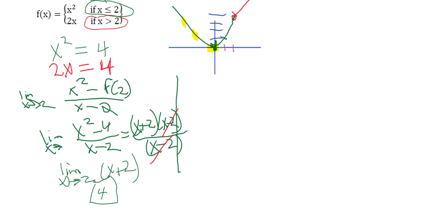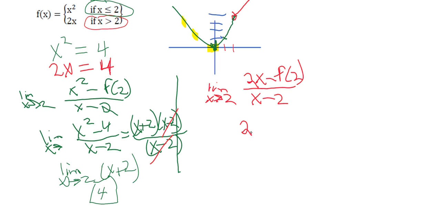Alright, so now let's take a look at the red case over here. So still we're using the same limit, the limit as x approaches 2, and it's x minus 2 over the function 2x minus the function value at 2, and of course we have 2x minus 4. We already knew that it was continuous at this spot right here.